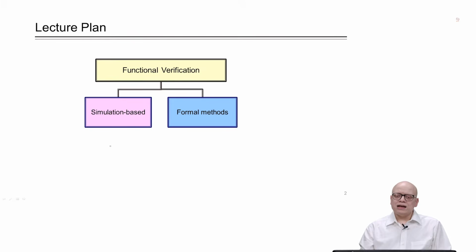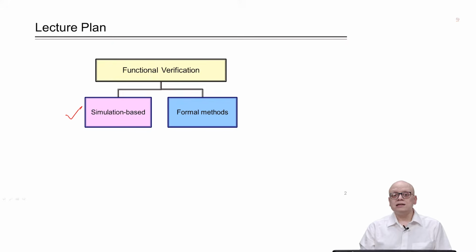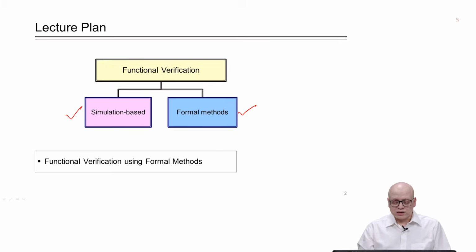Additionally, earlier we had seen that to carry out functional verification, we take help of two types of techniques. The first one is simulation based technique, which we had discussed in detail in the earlier lectures, and the other is using formal methods. So, in today's lecture and in the next 3 lectures, we will be looking at functional verification using formal methods.